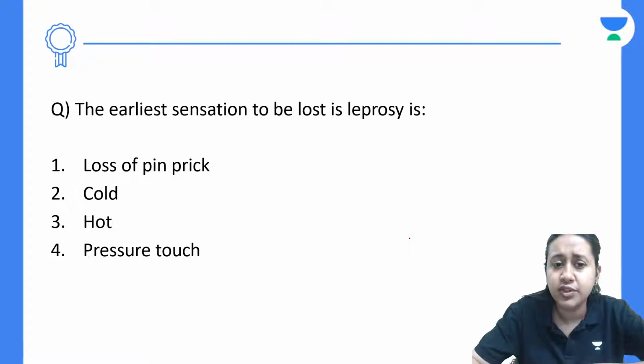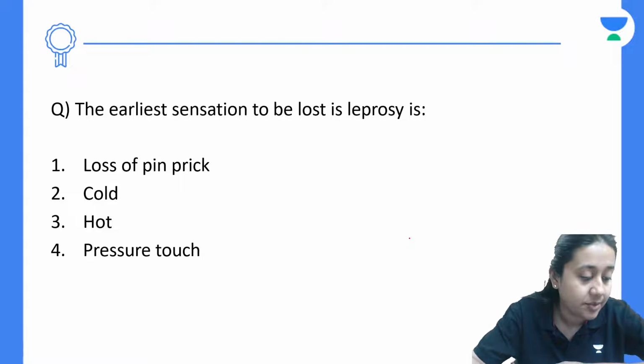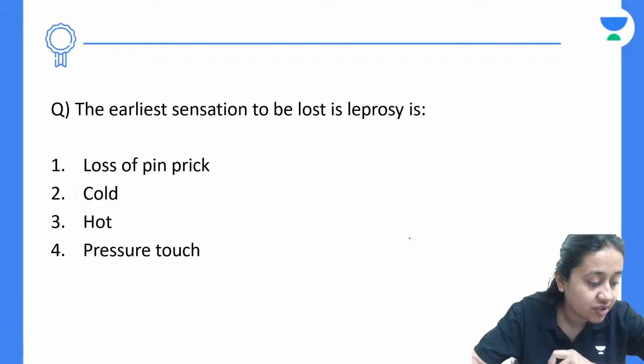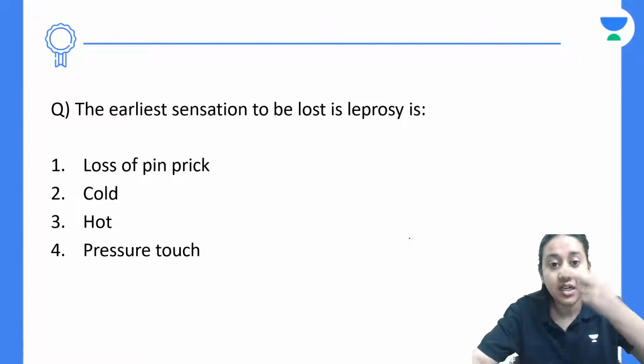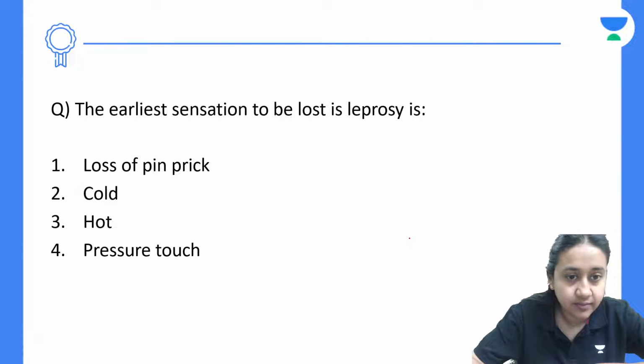The next question is, which of the following is the earliest sensation to be lost in a patient of leprosy? Anyone?